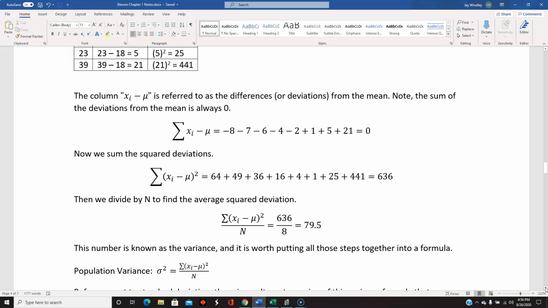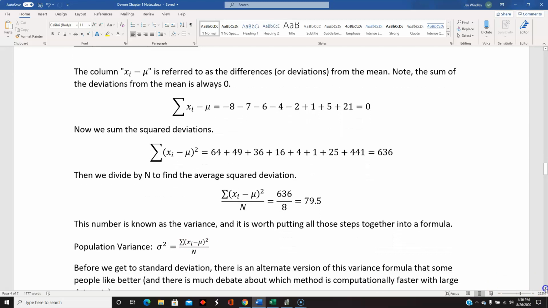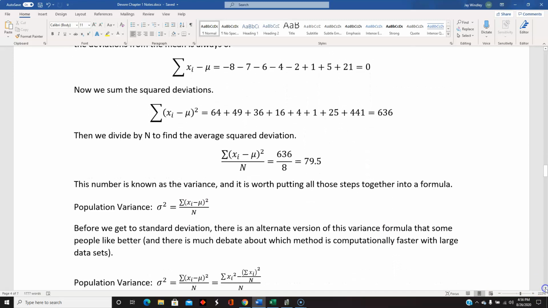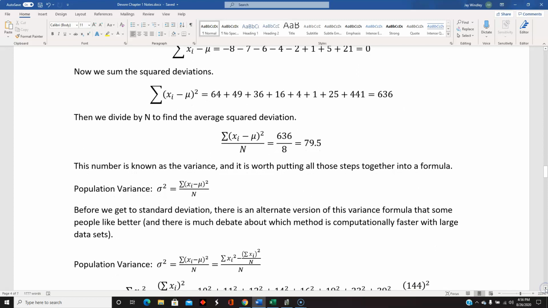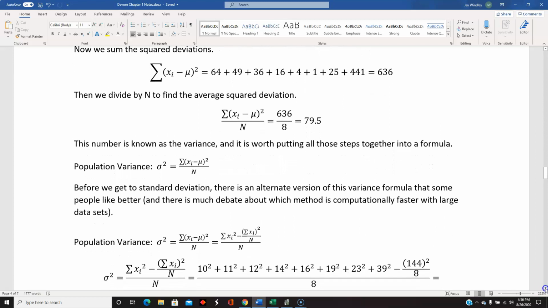Population variance, the symbol for which is the Greek letter sigma, lowercase sigma squared: the sum of the squares of the deviations from the mean divided by n. That's the population variance.